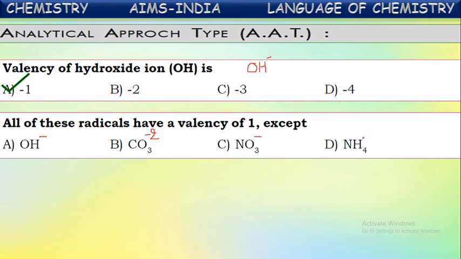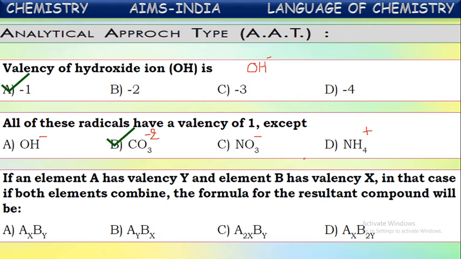Ammonium ion valence is plus 1. Now only one ion is having valency 2 here. For the remaining, all valency is 1. The ion with valency 2 here is carbonate ion. Carbonate ion valence is 2.